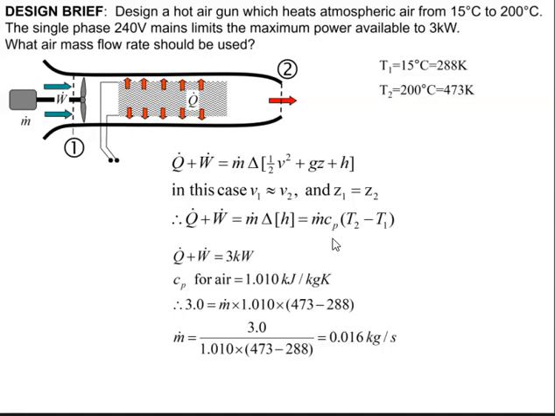Instead of joules, sometimes they put kilojoules. So in that case, if it's joules, it's going to be 1010 joules per kilogram Kelvin. And if it's centigrade, it's going to be exactly the same, because that's a difference in temperature, which doesn't matter.